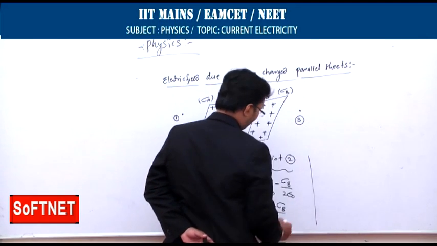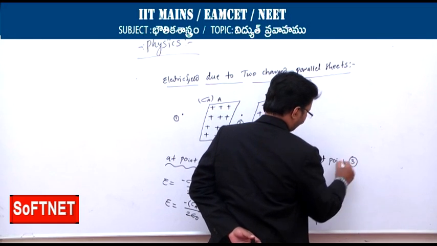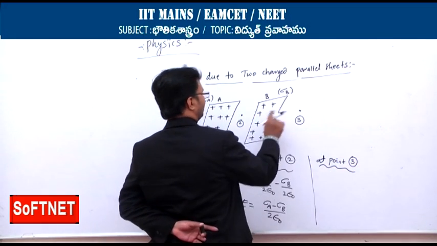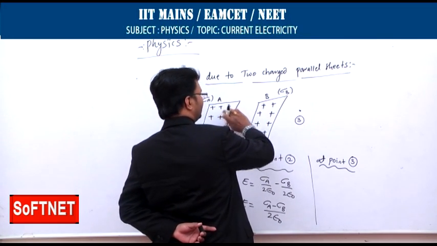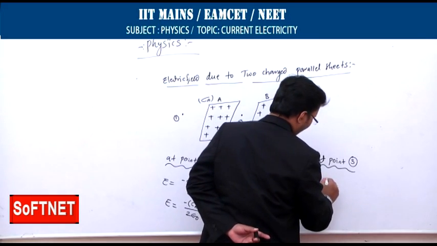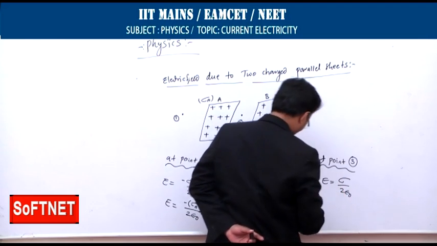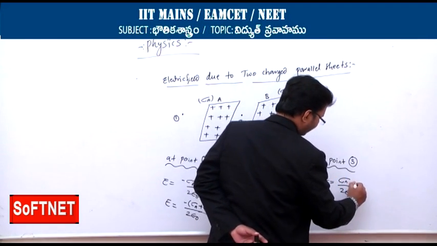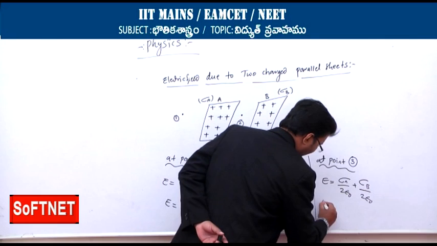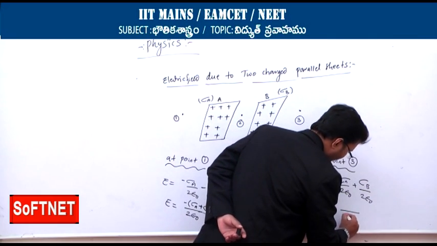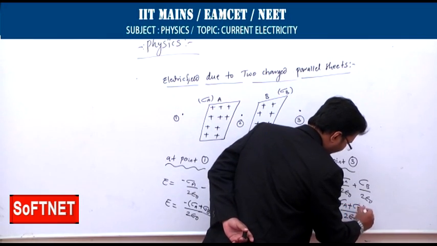Next, at point 3, this point is on the right side of sheet B as well as the right side of sheet A. So, E can be written as sigma A by 2 epsilon naught plus sigma B by 2 epsilon naught. Now, E is equal to sigma A plus sigma B by 2 epsilon naught.